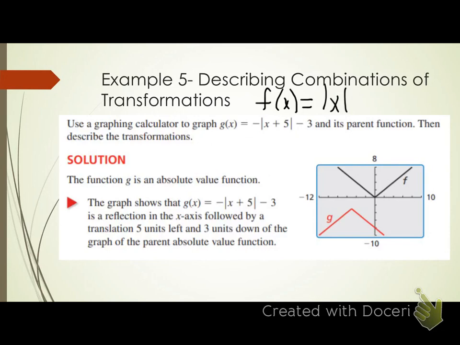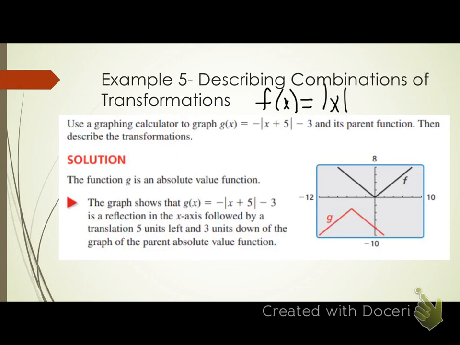It would be 5 to the left, correct? And then how many units down? 3. It is 3. Okay. We also know these numbers based off of our function. Okay? 5 units to the left, 3 units down.